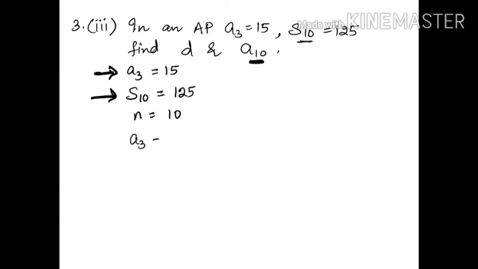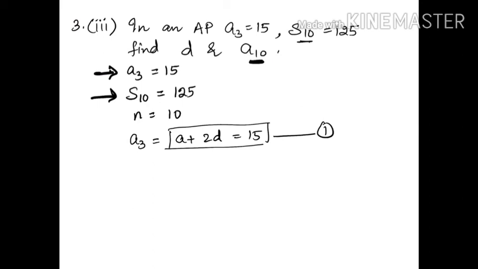a3 can be written as a plus 2d equal to 15. So this is the first equation. The sum of 10 terms is written as, let's write the formula first.